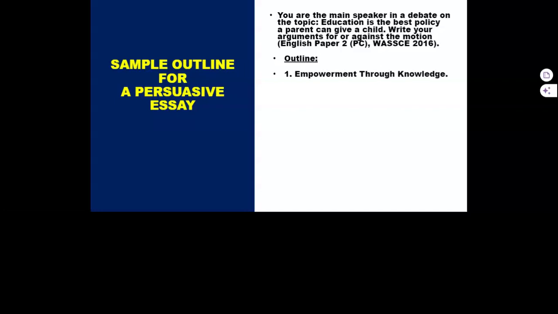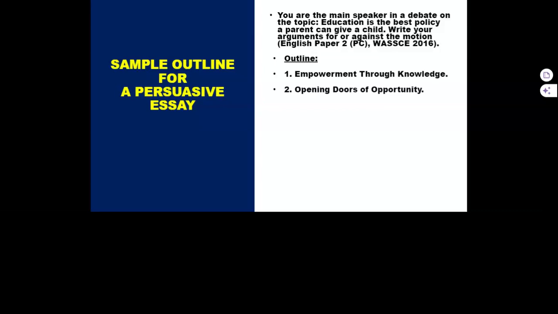Number 1, empowerment through knowledge. This point is about the fact that when you give a child a sound education, education empowers the child by equipping the child with knowledge. People often say that knowledge is power.